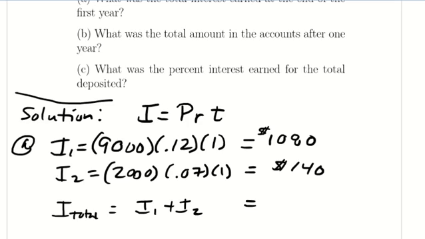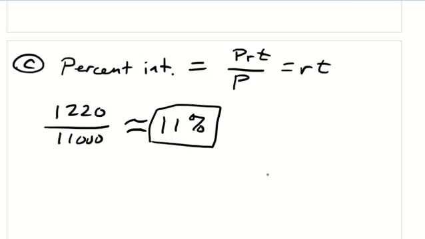But that is 1,220 divided by 11,000, and that comes out to be about 11.1%. Note that if you are putting numbers into Alex, it'll say what to round off to. Don't round until the end if there's any rounding at all. For this problem, it may say you don't round anything and you put whatever you get, the exact number.